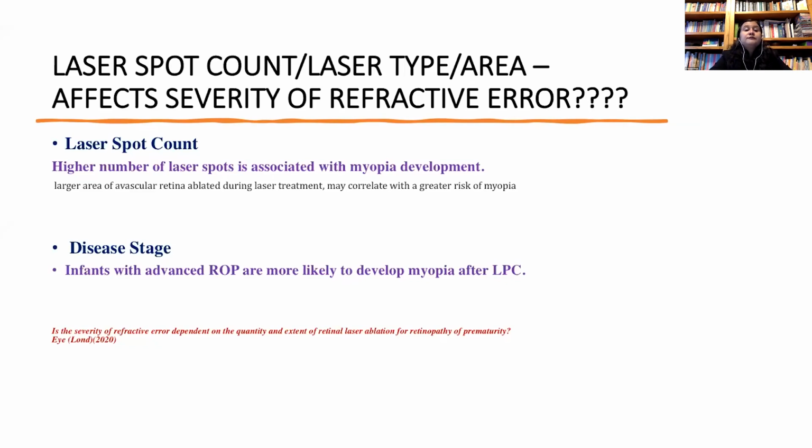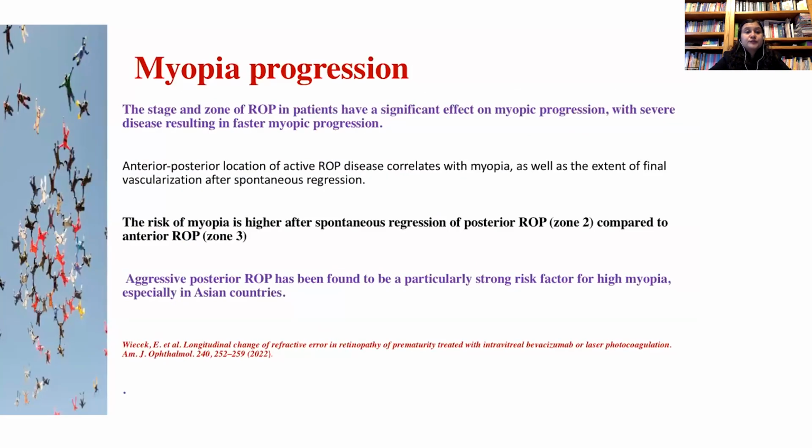And if you see the disease stage, infants with advanced ROP are more likely to develop myopia after laser photocoagulation. And what about myopia progression? The stage and zone of ROP have a significant effect on myopia progression. The more severe the disease, the faster the myopic progression.